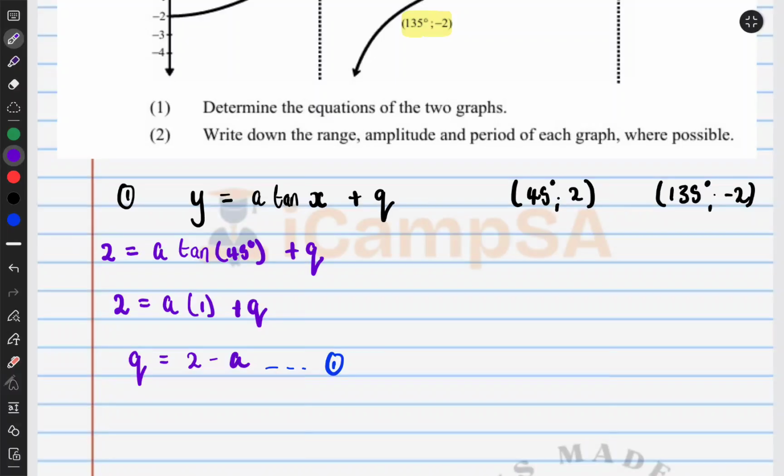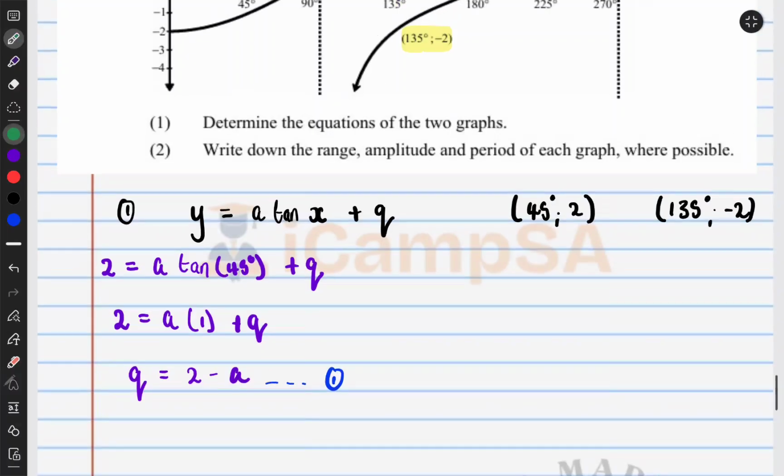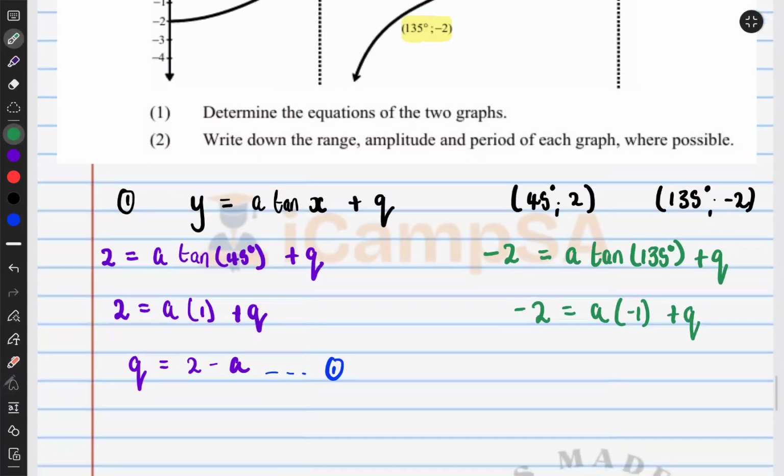Next, let's substitute 135 degrees and negative 2. So we're going to have negative 2 is equal to a tan of 135 degrees plus q. What is tan 135? Tan 135 is negative 1, plus q.